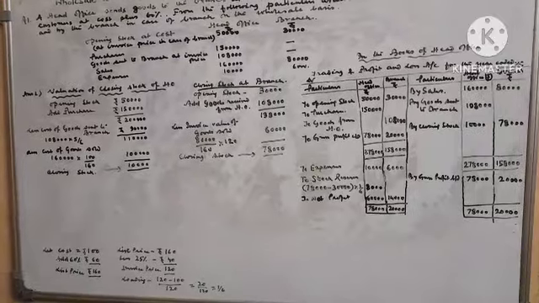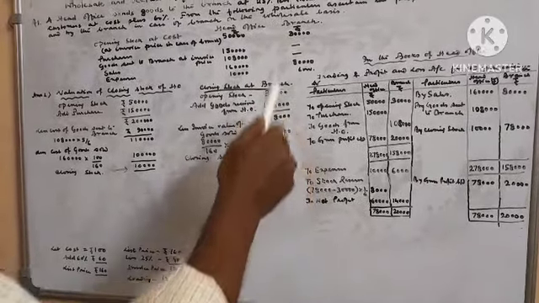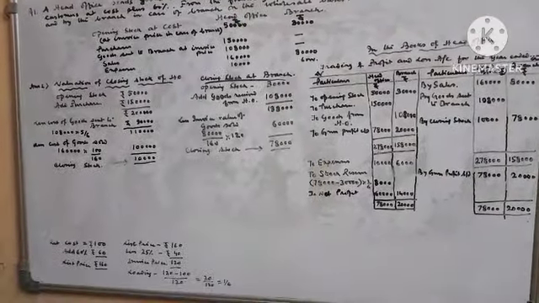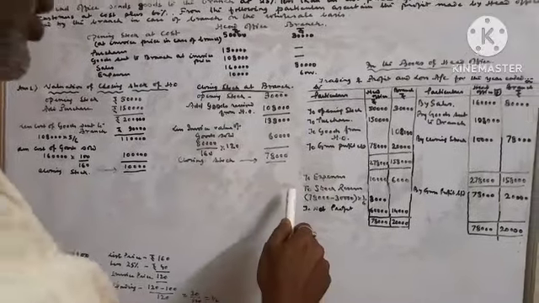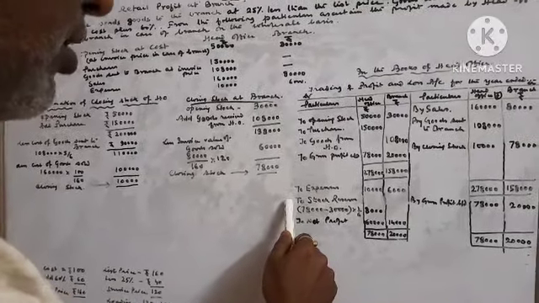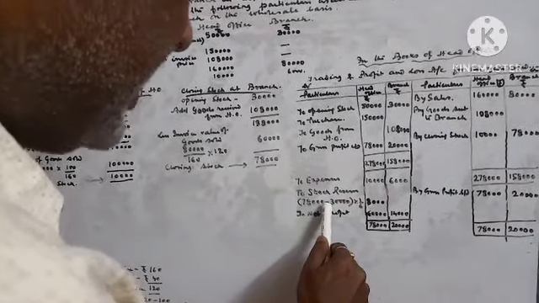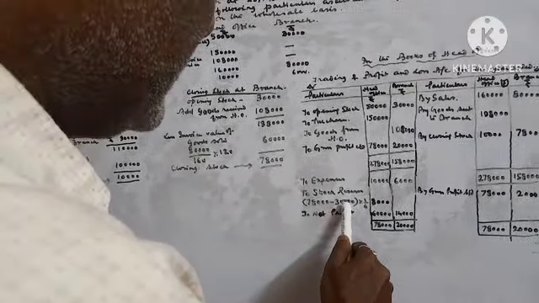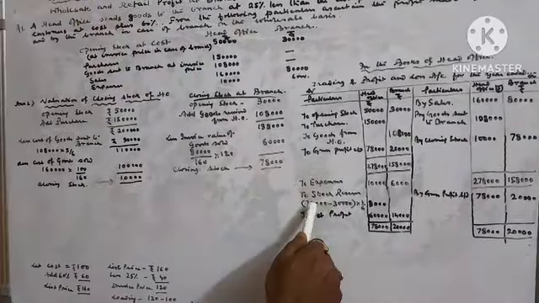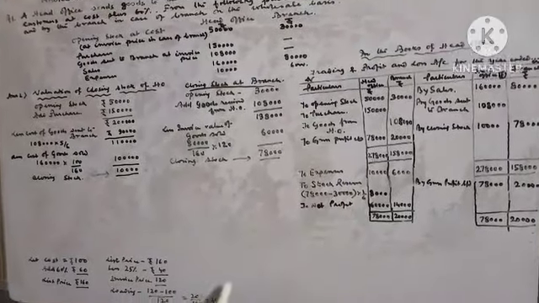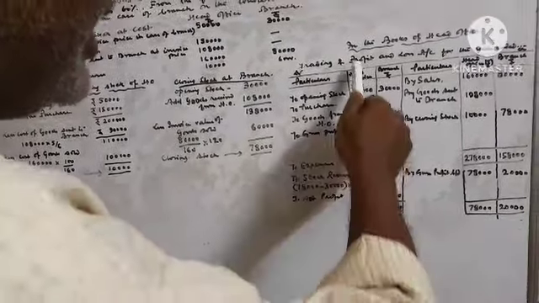Now we have to cancel the loading on closing stock and opening stock of branch. That is transferred to stock reserve account. Closing stock 78,000 minus opening stock 30,000; in this stock, loading is 1/6 into 1/6. Who will cancel the loading?